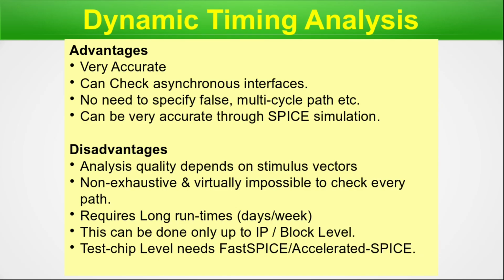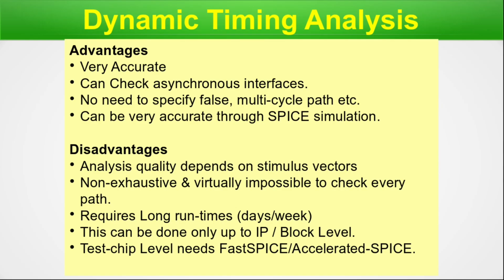Test chip level needs fast SPICE or accelerated SPICE. As I mentioned, nowadays many of the design houses have a test chip unit, and they design a test chip to check the functionality that the design block is intended to perform.